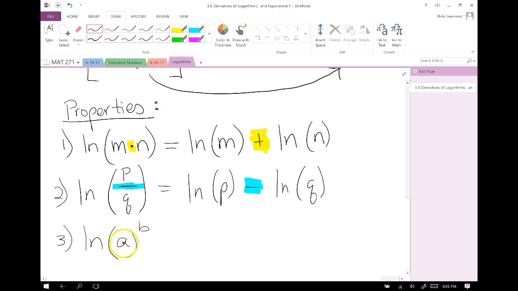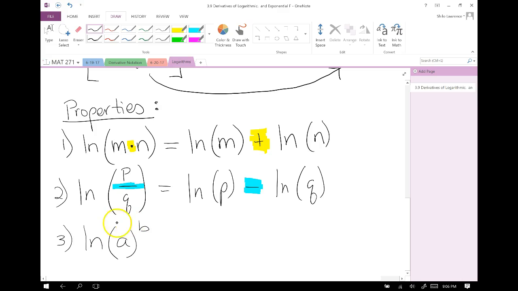So natural log of a to the b. So if a had a bunch of x's in it, or some function of x, and then it was also raised to the b power. So it's not the entire natural log of a that's raised to the b power, it's just a that's raised to the b power. We would have to have an extra set of parentheses in front of the natural log if it was the entire thing raised to the b power.